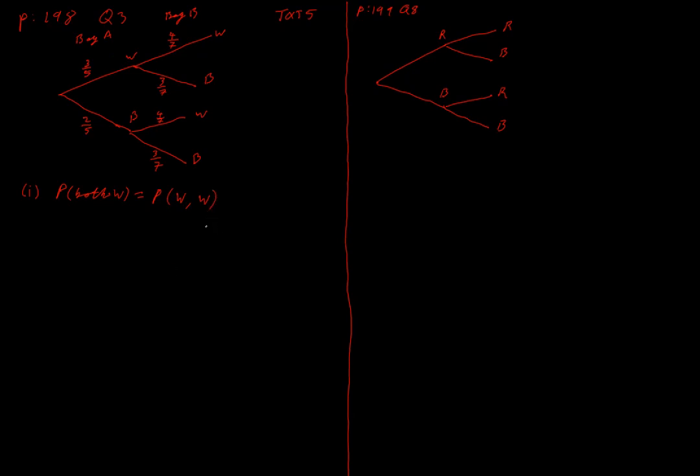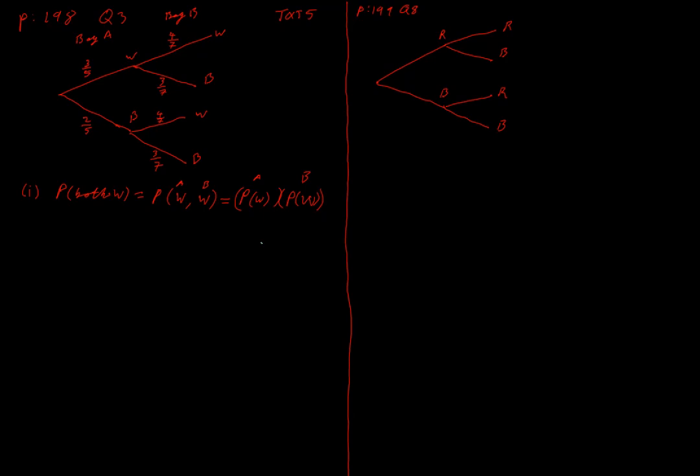So a white from bag A and a white from bag B. That's the only thing that meets that criteria of getting both white counters. So that's going to be the probability of getting a white in A multiplied by the probability of getting a white in B. And that's what we need to have figured out in our heads for these questions.